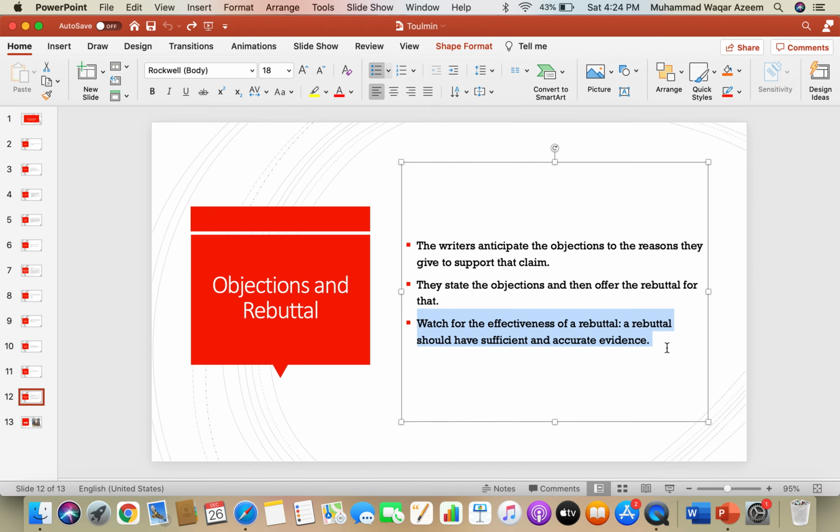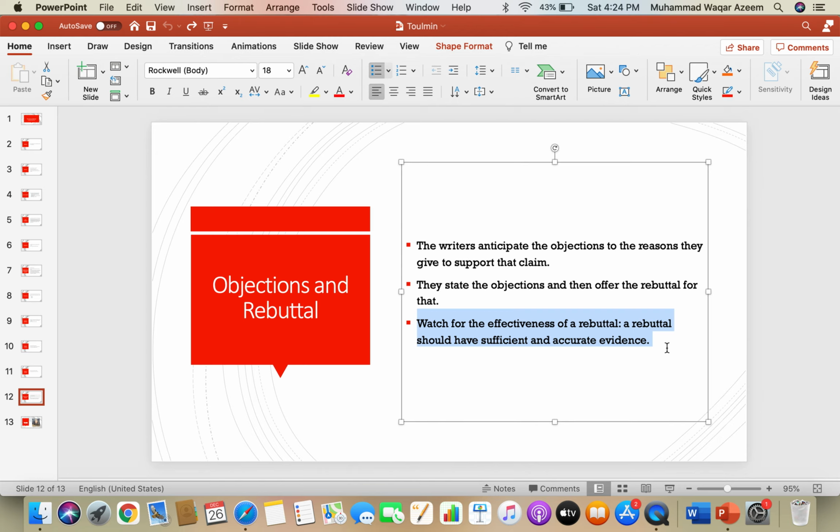You, as the reader, should read that rebuttal very carefully, and you should see if the rebuttal is effective. So rebuttal is once again a kind of evidence that the writer is providing. So you should look for whether the rebuttal has sufficient and accurate evidence in it.